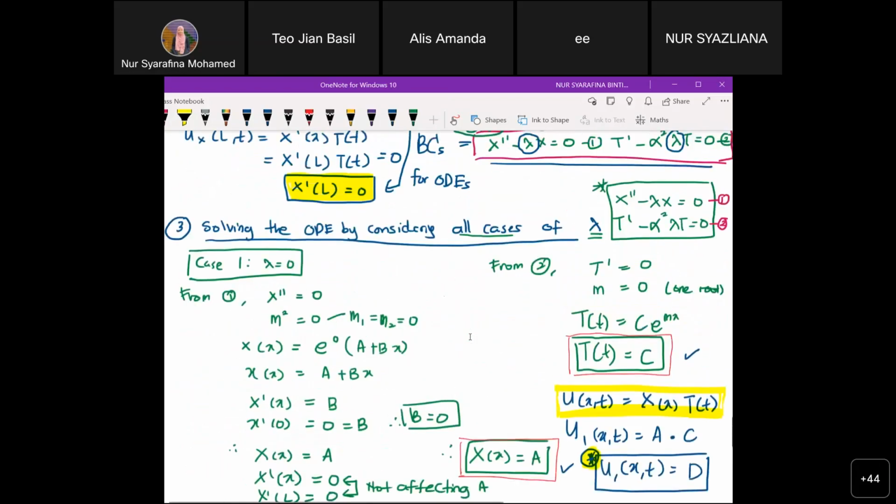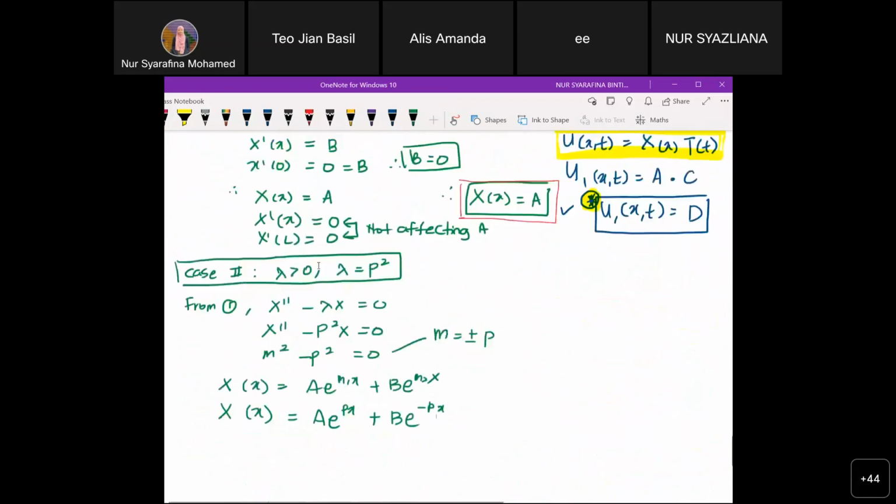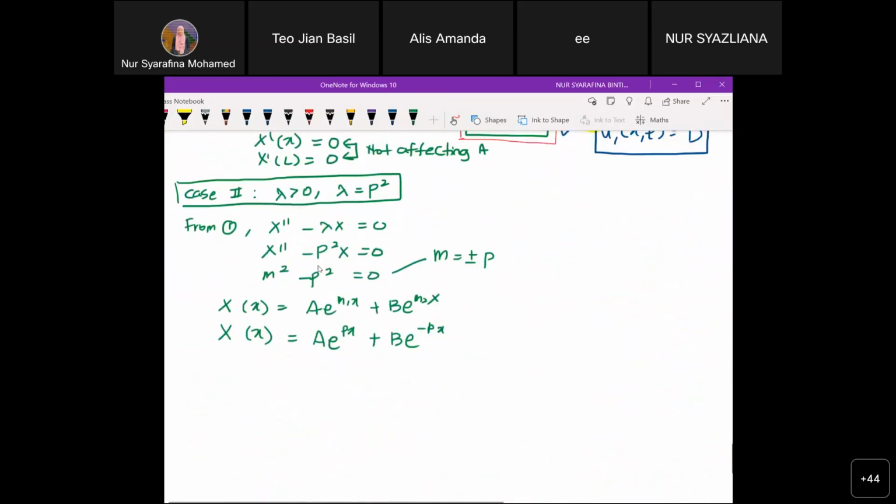The conditions involve x prime 0 and x prime L, so we have to find x prime first. For this case, our x prime equals to pAe^(px) minus pBe^(-px). So we can just factorize p outside: p(Ae^(px) minus Be^(-px)).